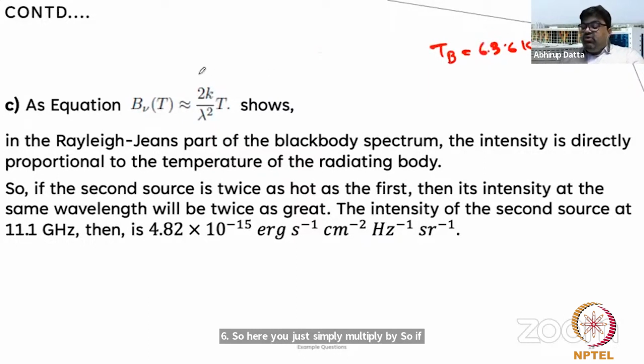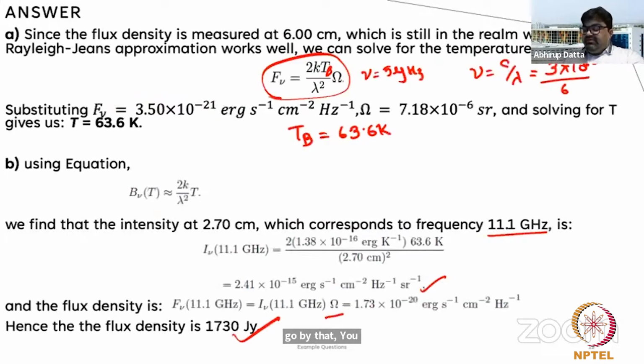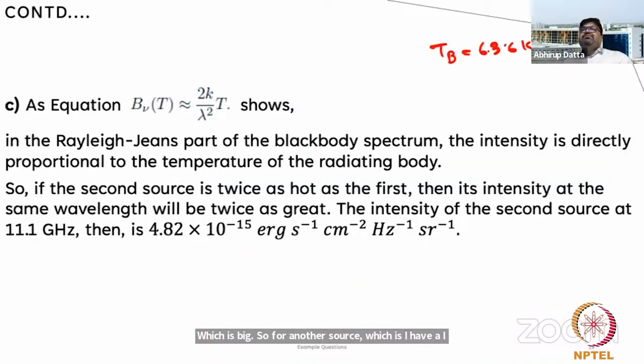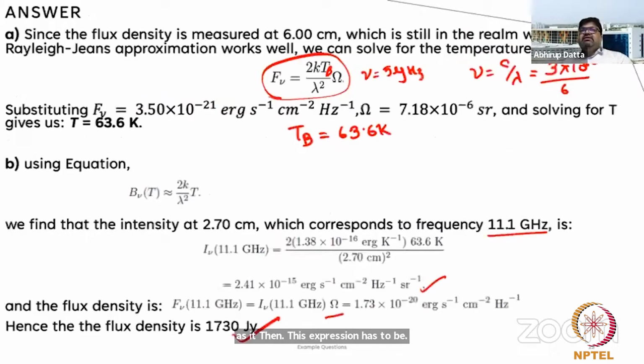You don't need to even calculate. You already have the flux density at 2.7 centimeter for a source with TB equal to 63.6. For another source, which has twice the TB, the intensity was previously 2.41 times 10 to the minus 14.